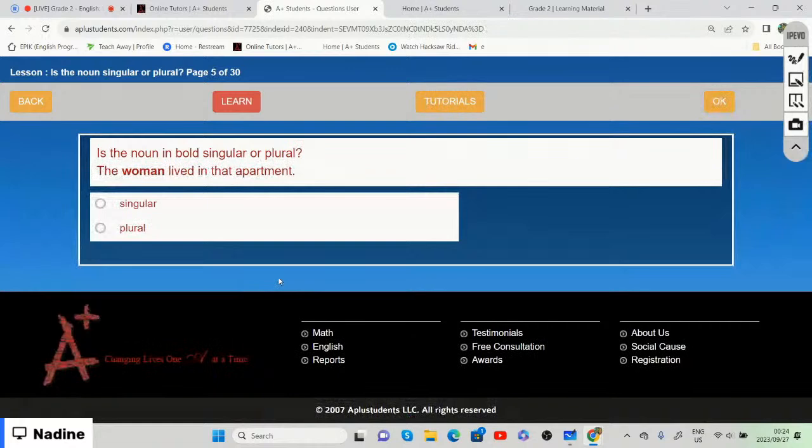Is the noun in bold singular or plural? The woman lived in that apartment. Woman. Is the word woman singular or is it plural?